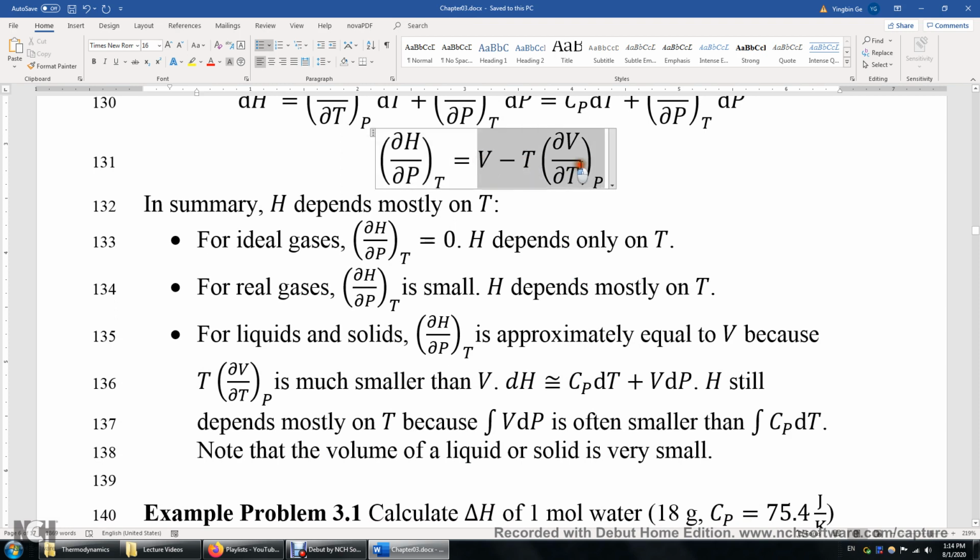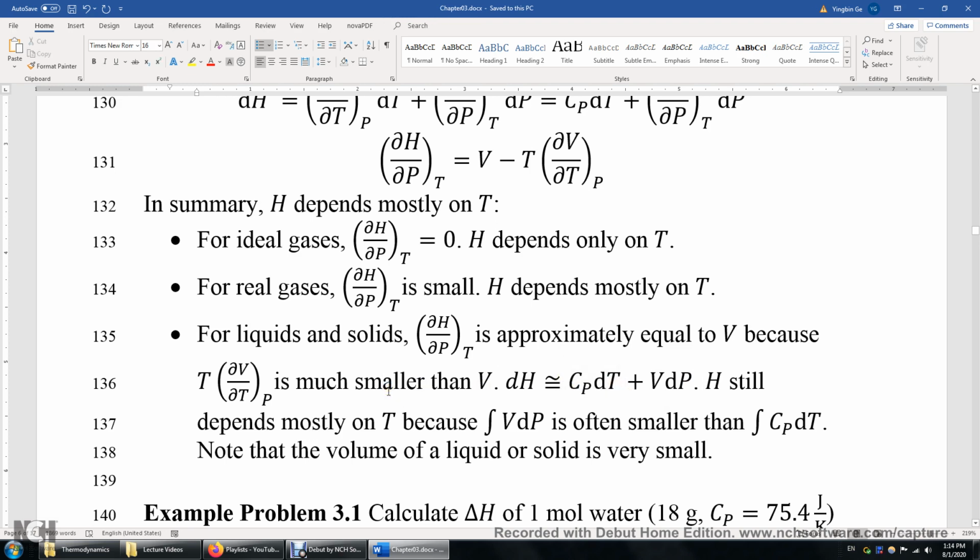Again, this part is approximately the volume of the liquid or solid, which is usually small. Therefore, the second term, the dependence of enthalpy on pressure, is smaller than the first term.